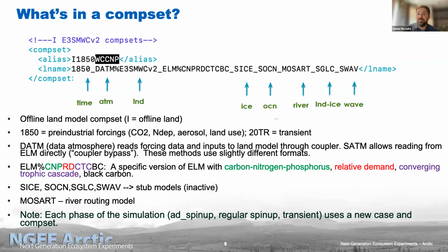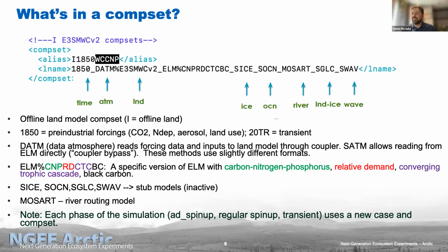Then there are a lot of different configurations of ELM itself in terms of the nutrients: carbon, nitrogen, phosphorus. You can turn off or turn on various combinations of those. Relative demand, these are associated with below-ground or decomposition models and competition between plants and microbes for nutrients.